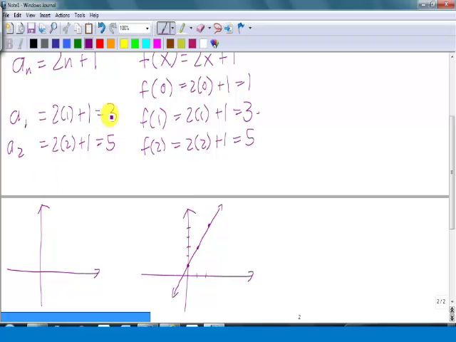If the first term is 3, we can plot the point 1, 3 right there. And if the second term is 5, we can signify that by plotting the point 2, 5 right there.